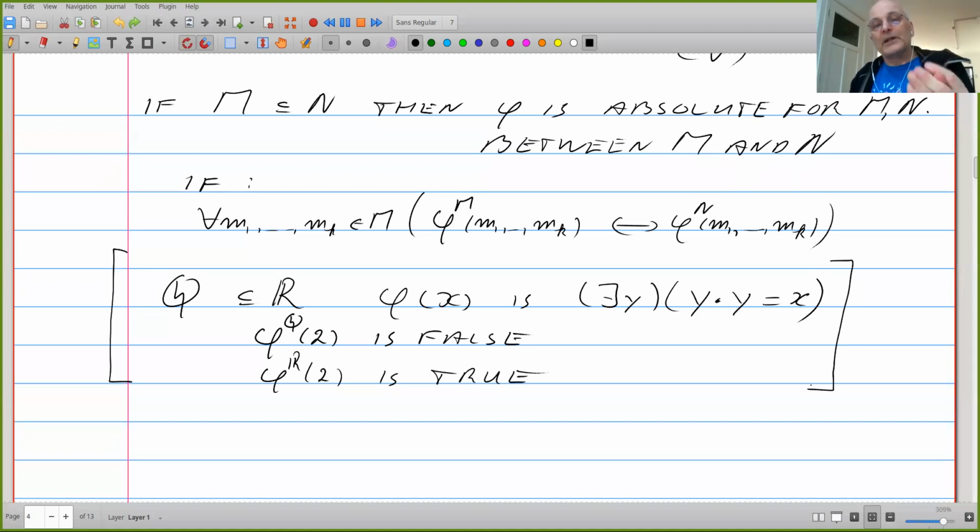You can, if you will, say that the M's form some kind of a solution to a set of equations, and the M's solve the set of equations if you use members of M as parameters, but they solve the same equation if you use the members of N as parameters.